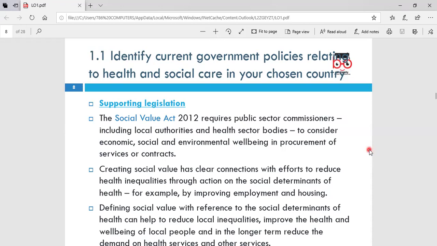So the Social Value Act talks about social contexts. You will have the economy there, and you'll have the environmental well-being. Every service or contract that is there should endeavor to consider these three social values in their well-being.